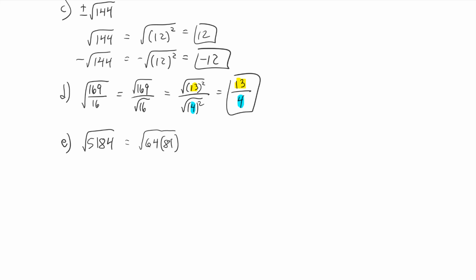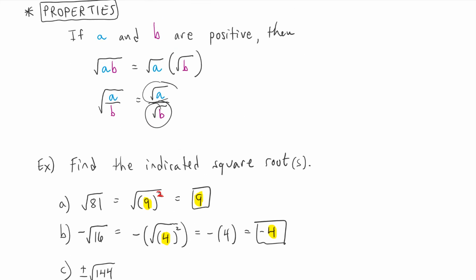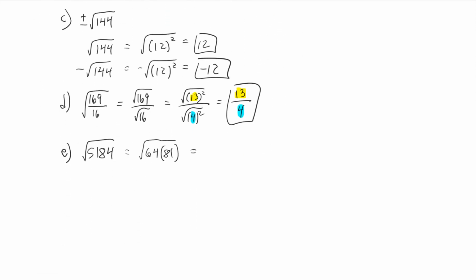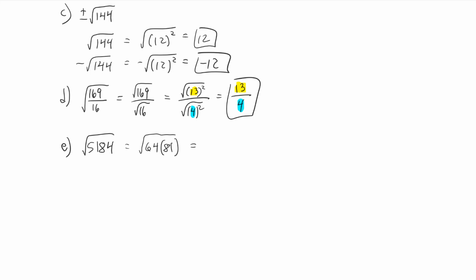One of our properties was that if you have a square root, you can split it up into the product of two principal square roots. So I can write the principal square root of 64 times 81 as the principal square root of 64 times the principal square root of 81. So 64 is just 8 squared, and 81 is 9 squared. So this is really just 8 times 9, which is 72.